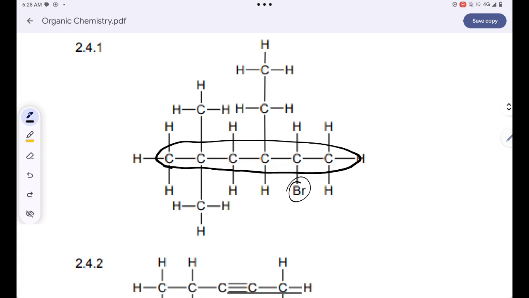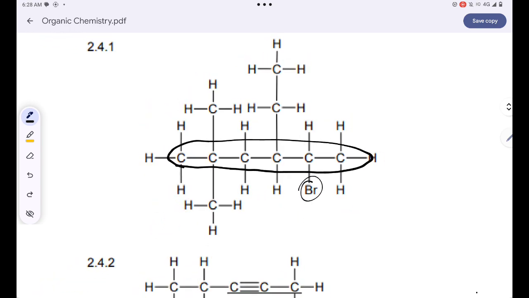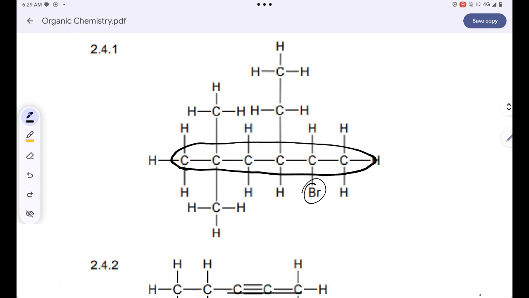So I cannot start counting closer to the functional group. I need to start counting from the terminal carbon, which is closer to the place that has more things happening altogether. So whenever I count, this will be carbon number 1, 2, 3, 4, and 5. Are you together?